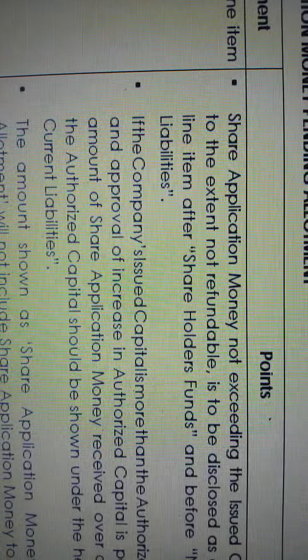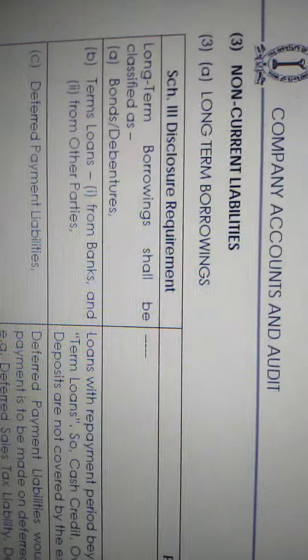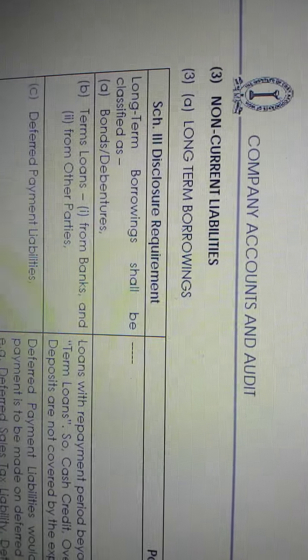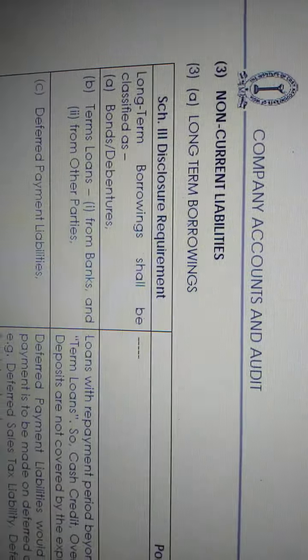What is the next one? Non-current liabilities. What is non-current liabilities? Actually, what are non-current liabilities, current liabilities, current assets, non-current assets? Just we will go through that first.